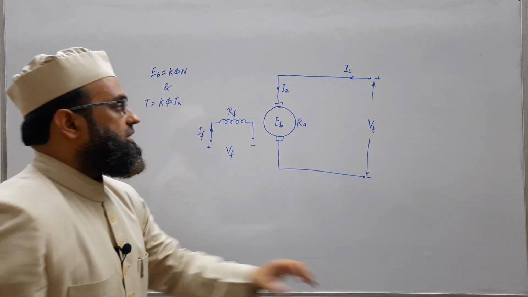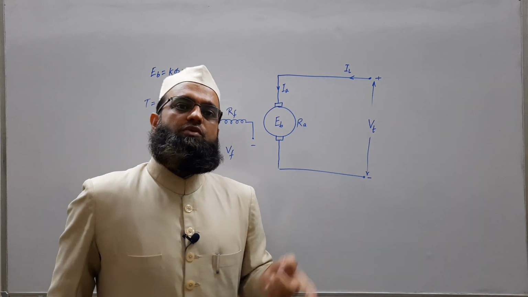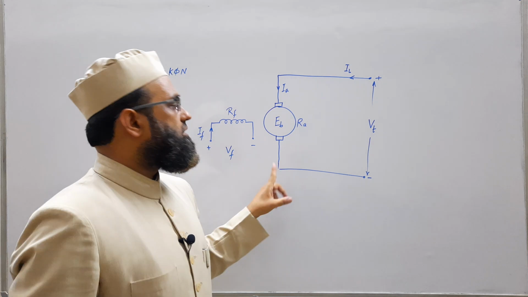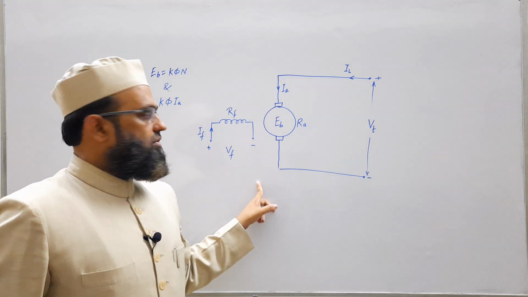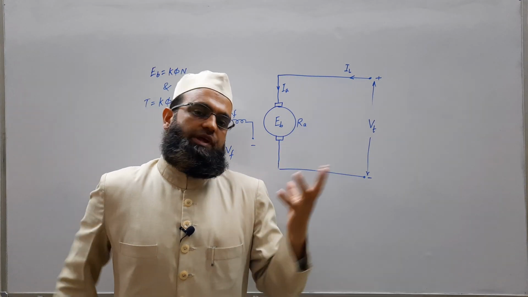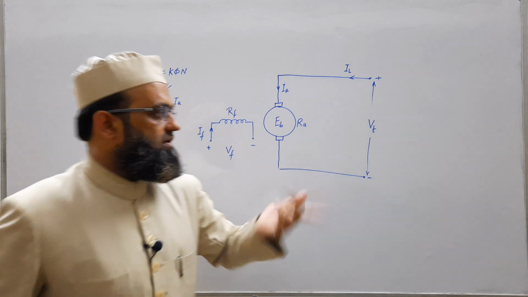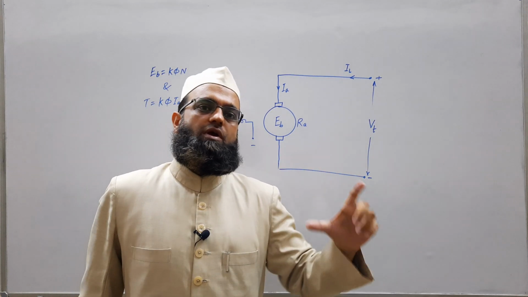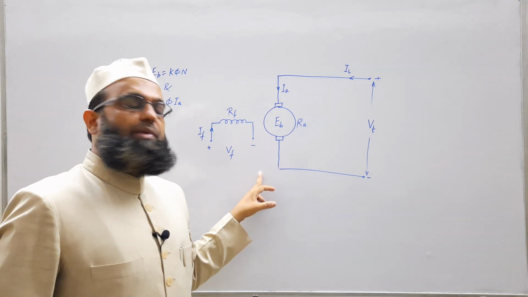Hence, the three capsules discussed before solving the problems on DC shunt motor can be blindly applied to the problems on separately excited DC motors. You can refresh those three capsules from the lecture titled problem solving capsules, that is numerical solving capsules on DC shunt motor, which will be equally applicable to separately excited DC motor.